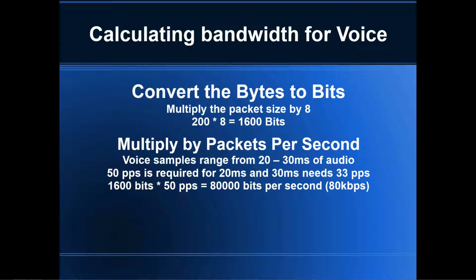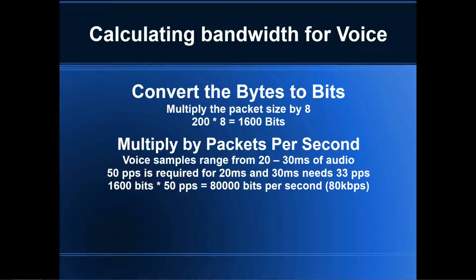One thing that I thought was really important, since we do talk a lot about voice, was doing our calculation bandwidth for our voice. And so what we end up having to do is we convert our bytes to bits. So if we are dealing with 200 bytes, there are 8 bits per byte, so we're looking at 1600 bits. So now let's look at voice specifically. We want our voice to sample ranges from 20 to 30 milliseconds of audio.